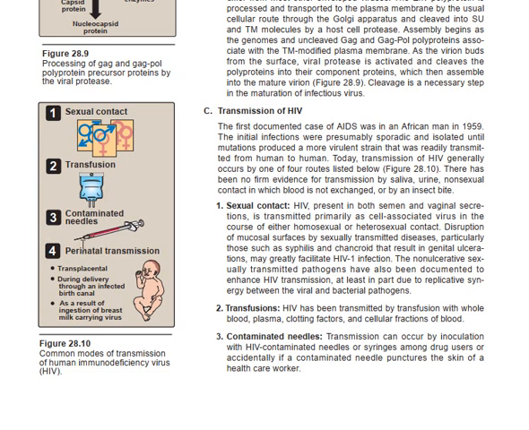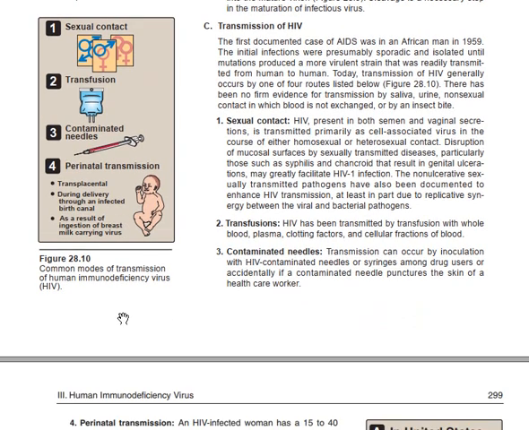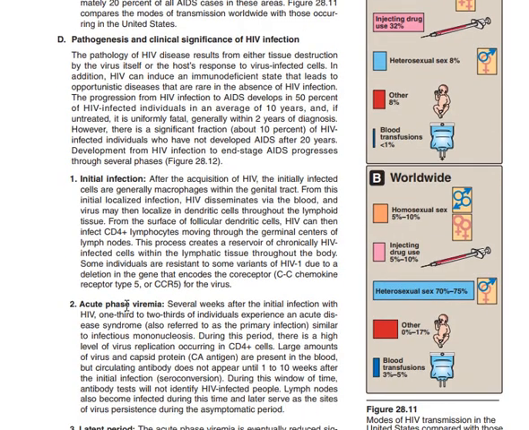So if somebody has HIV, before you consider needle contamination, you must have excluded all of this. Perinatal transmission can be antepartum through the transplacental route, it can be intrapartum during labor, and it can be postpartum during breastfeeding.